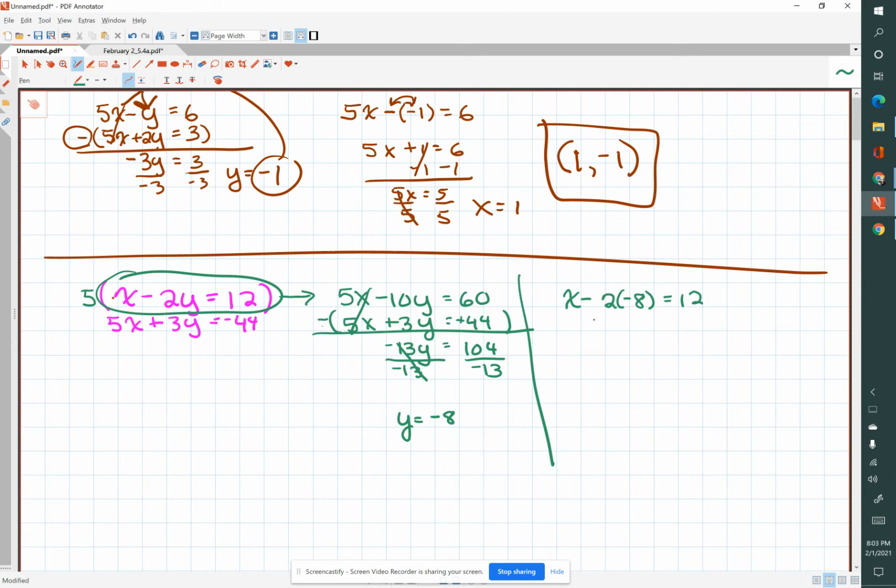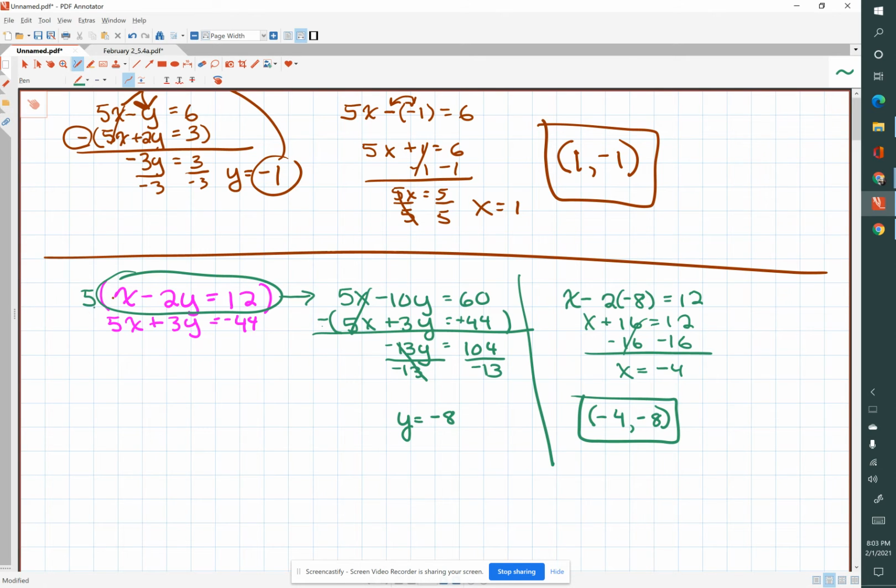Okay, -2 times -8 is positive 16. Subtract 16 from each side, and x equals -4. And the solution to this system of equations is -4, -8.